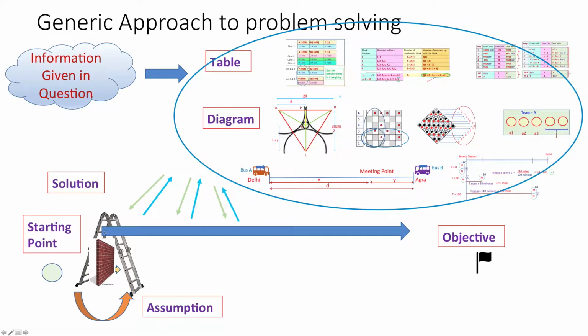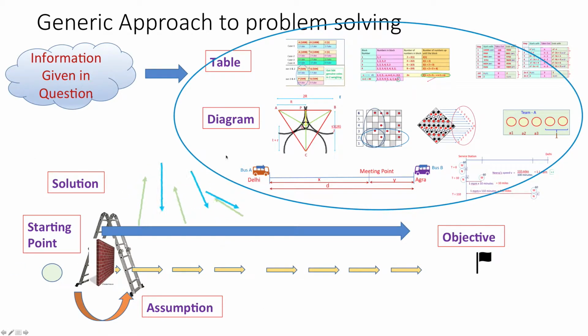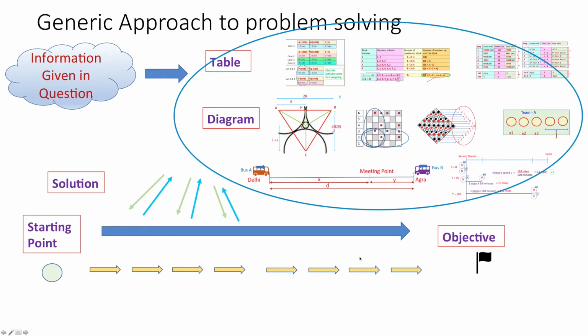So we made an assumption at the very beginning, and that helped us progress further towards your objective. All the while, we were extracting the information from the diagram and the table, and also updating the table. This helped us in a step-by-step fashion to fill in all the cells in the table, and you got some equations on the way. You solve those equations and meet your objective.